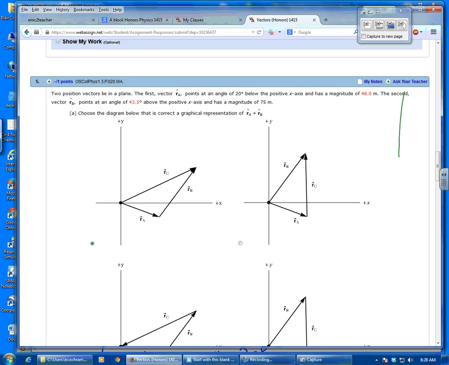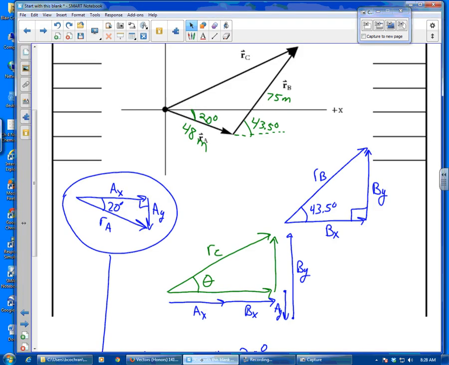It points at 20 degrees below the positive x-axis. So I knew that this angle here was 20 degrees. And I'm always going to have a right angle between my components. You're right, I could have also drawn these components this way, and then this angle in here would have been 70, or this one 20. I could use opposite interior and end up with the same values either way. I just thought this would be more straightforward.